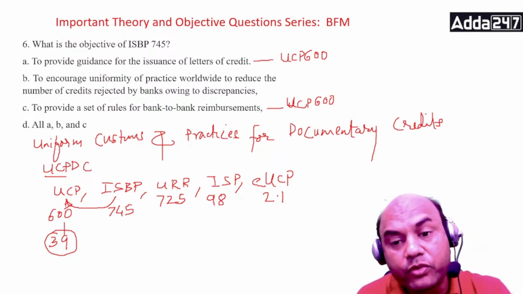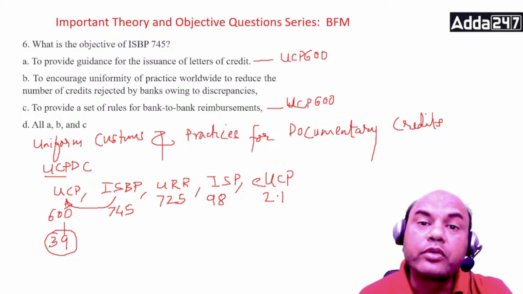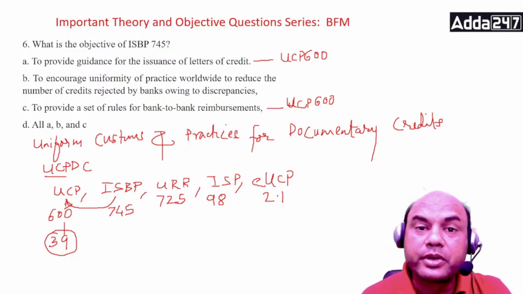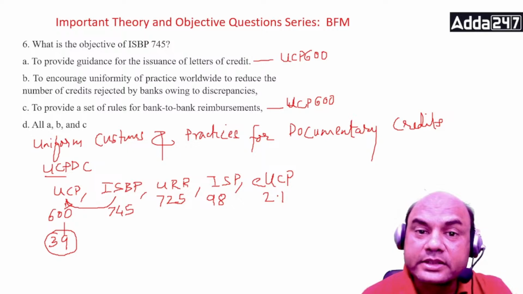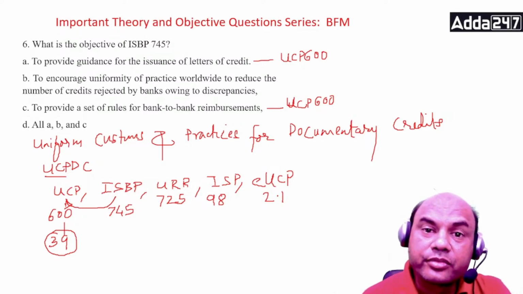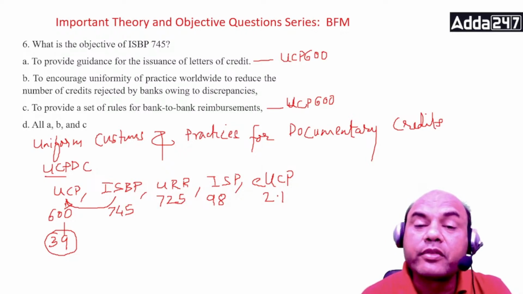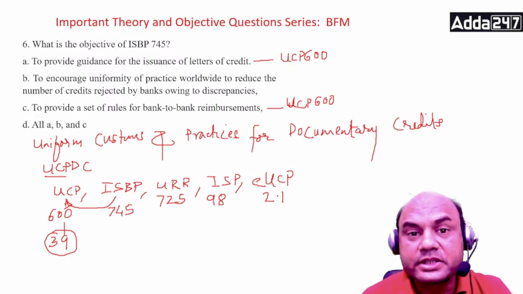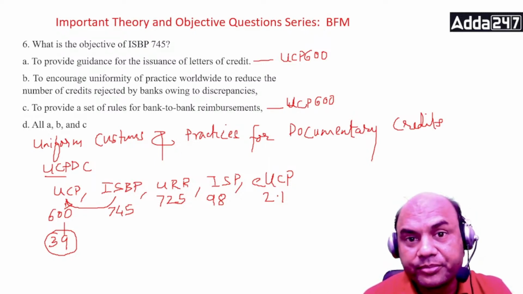ISBP provides uniformity. Uniformity means what? It will tell you how an invoice in international trade should be issued, how the BL should be issued, what signs are required on the BL, and what other documents are required. What is the bill of exchange, and what points should be there on the bill of exchange? That is given under UCP in some part, and mainly in ISBP.